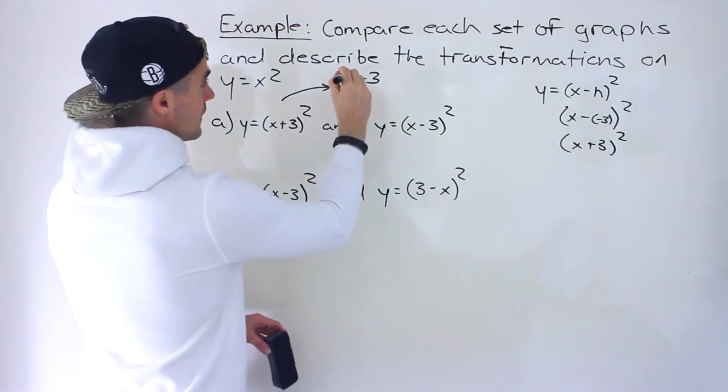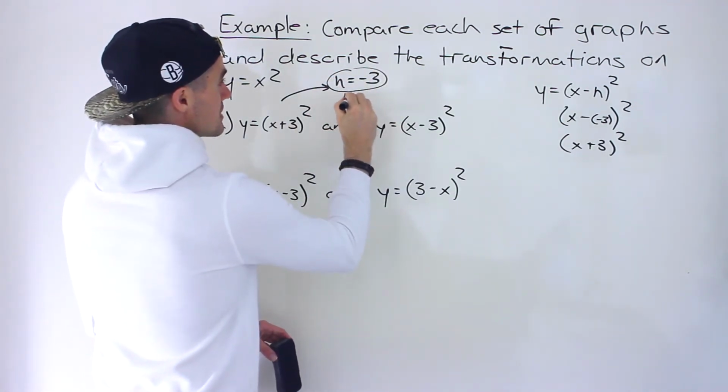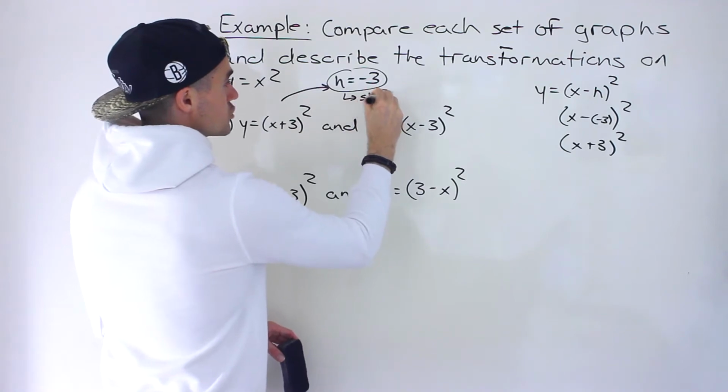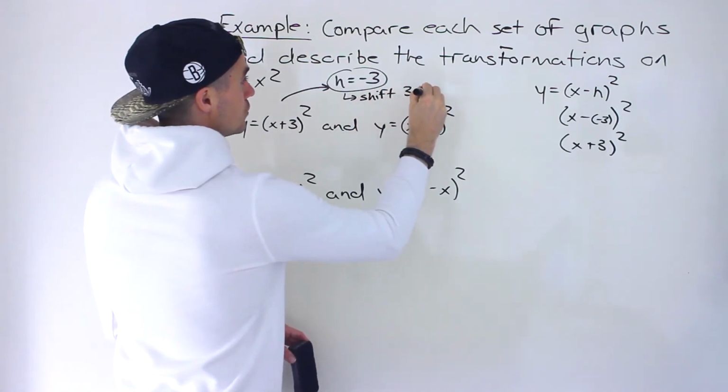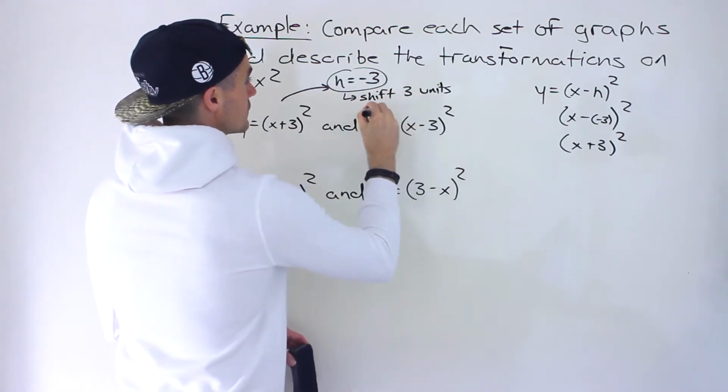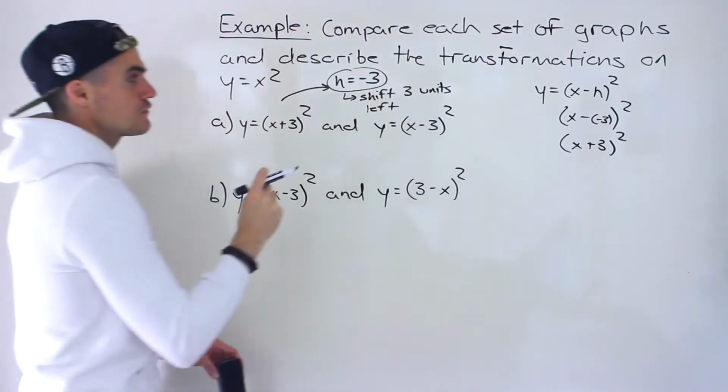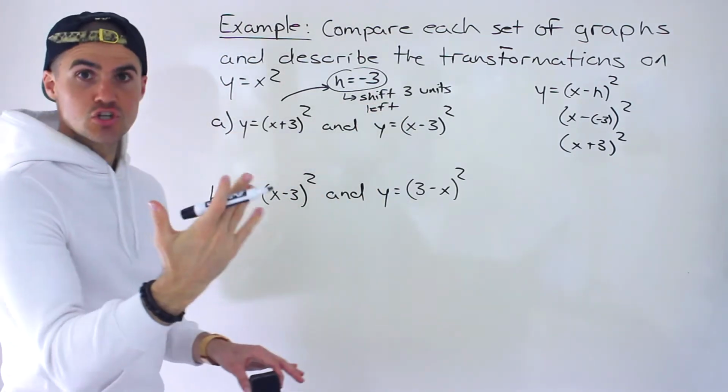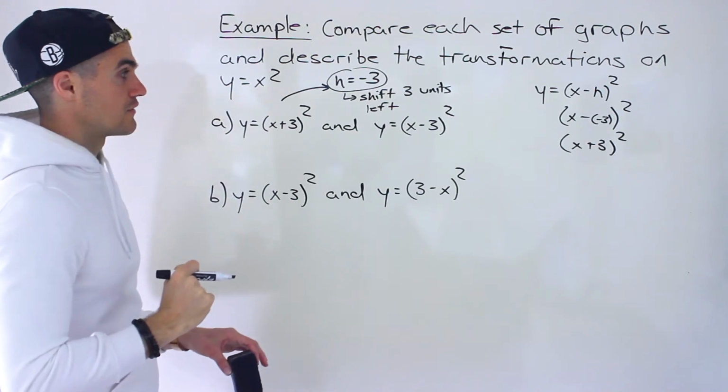So you always switch the signs when dealing with the h value. Now, what does an h value of -3 mean? It means there is a shift or translation 3 units left. If the h value is negative, then the quadratic has been shifted 3 units to the left.